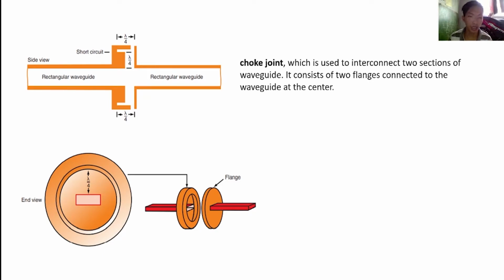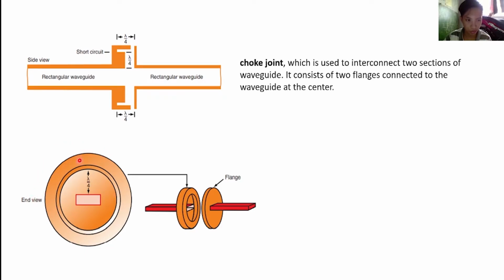In construction of a rectangular waveguide, we use a choke joint. Just be familiar with this choke joint: it interconnects two sections of a waveguide. It consists of two flanges connected to the waveguide at the center.